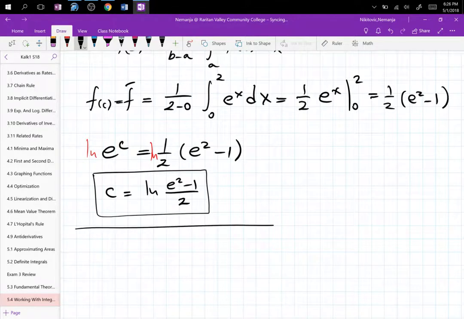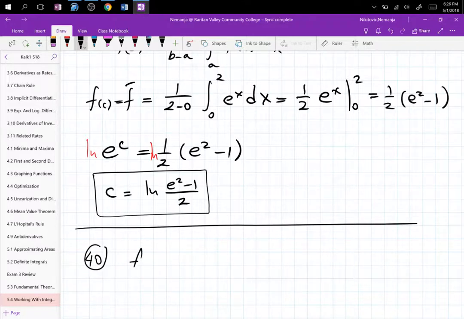Let's do one more example of this, and then, believe it or not, we're done. They're very short sections. So let's go with problem 40, because we can. The f of x is given as 1 over x on interval 1 to 4.